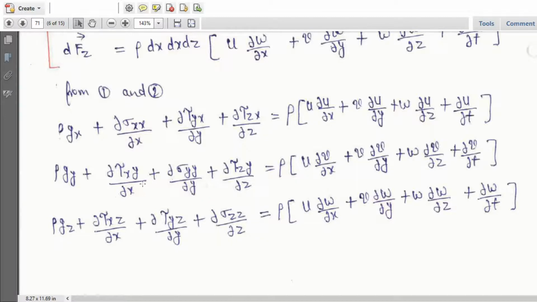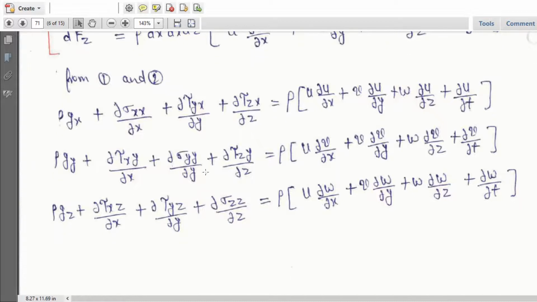Similarly for the y direction component, and similarly for the z direction component. For the y direction, x is getting changed by y; the second coordinate is changed by y only. In case of z, the second coordinate is changed by z only. So you will get the x component, y component, and z component.